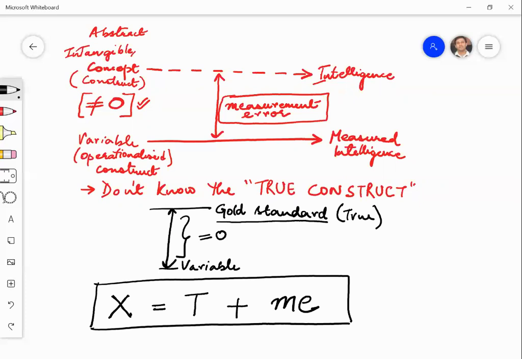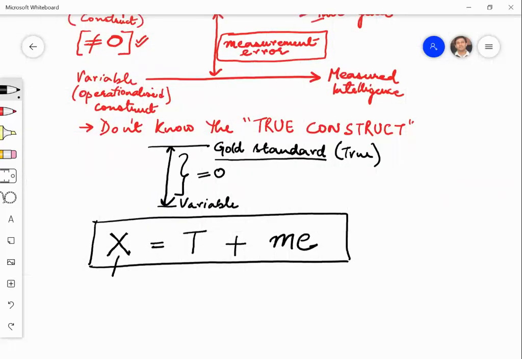So what is x? X is my observed variable, right? So this is what I have captured from respondents.